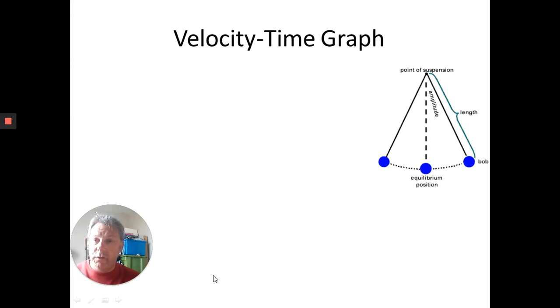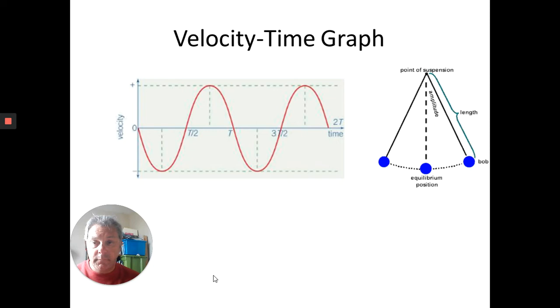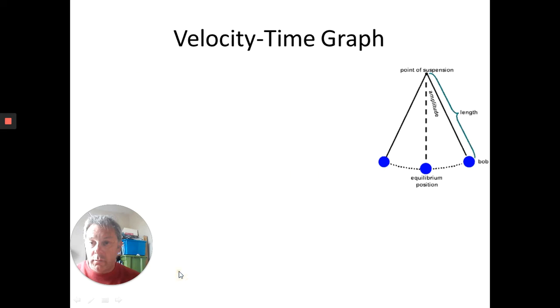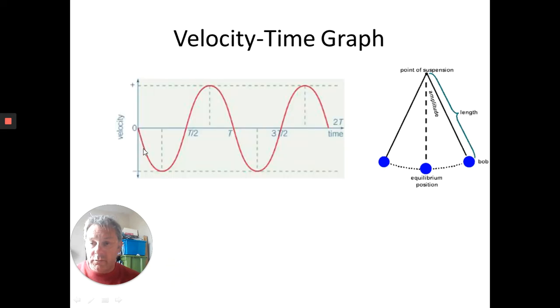So when we look at the velocity time graph, it's going to look like this. In the displacement time graph, we had zero gradient to begin with, and then the gradient increased. But if we go back, you can see that the gradient is negative. So we have that negative gradient.